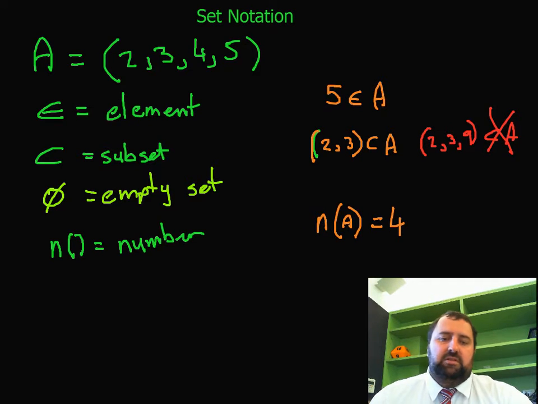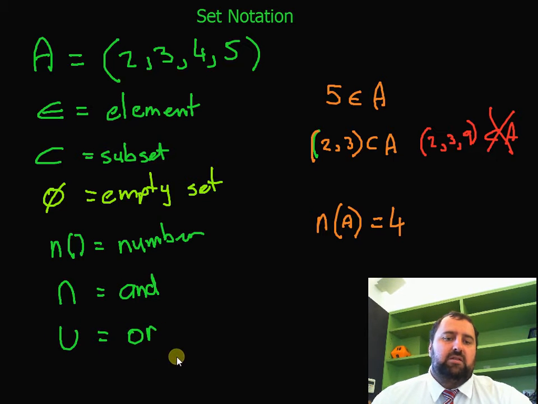A couple of other ones that we'll mention, we have ∩, or intersection. It essentially means and. We have ∪, that essentially means or. So, for example, for these ones, I'm going to set up a group B. It's going to have 2, 5, and 9.